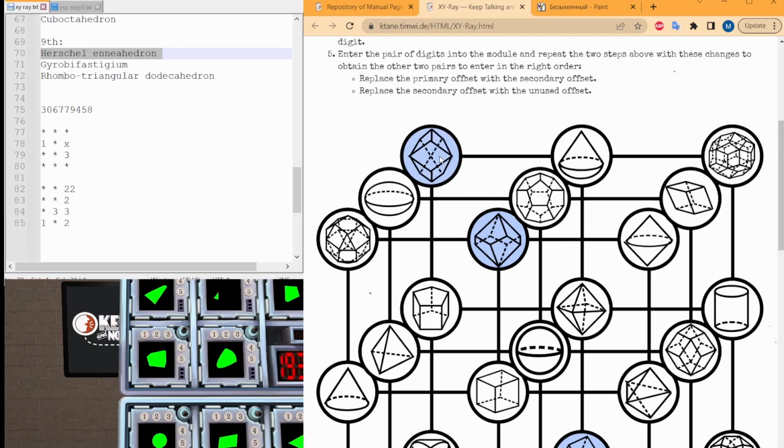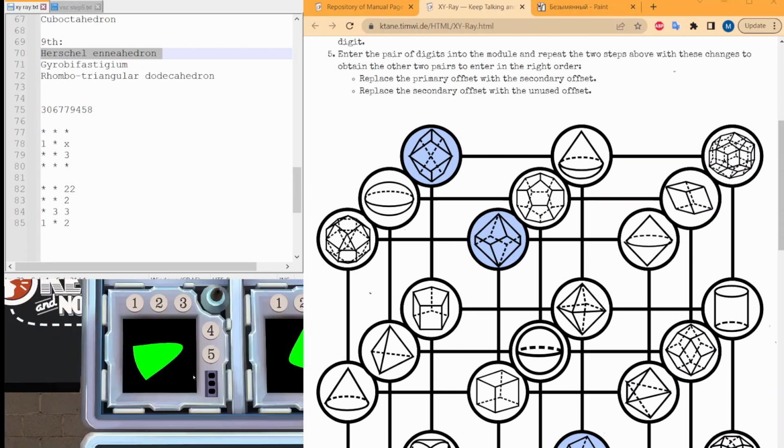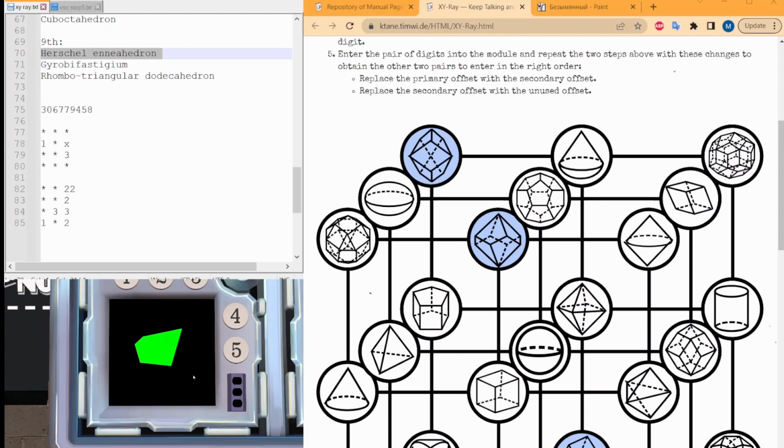Rather than counting the number of vertices on this one, you can count the number of vertices of 3 connections and 4 connections. This one has only 2 vertices that have connections of 4. This one has, well, 1, 2, 3, yeah, it has 3 vertices with connections of 4.